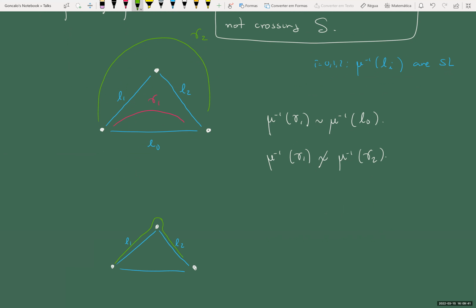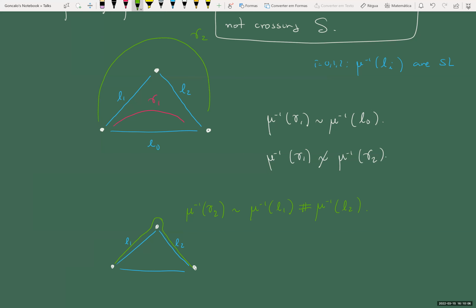You can't cross that point. So you are deforming mu minus 1 of gamma 2 into something that is the connect sum of mu minus 1 of L1 and mu minus 1 of L2. So this is basically showing that mu minus 1 of gamma 2 was unstable in a way.